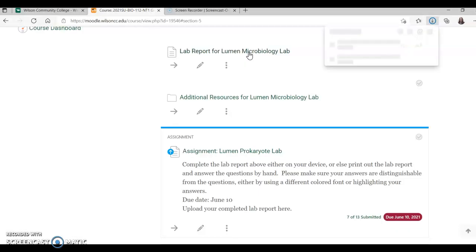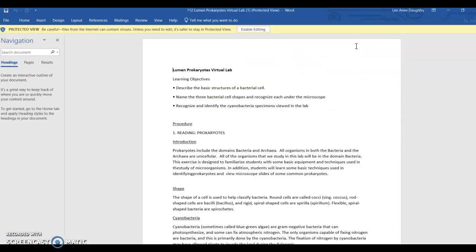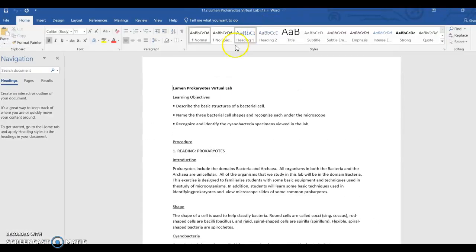First, you'll click on the lab report. This is what I expect for you to fill in and turn in. And then you just read through it. All right. It gives you the objectives of the lab.